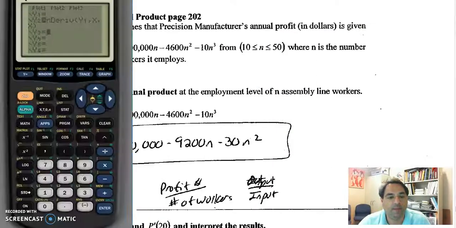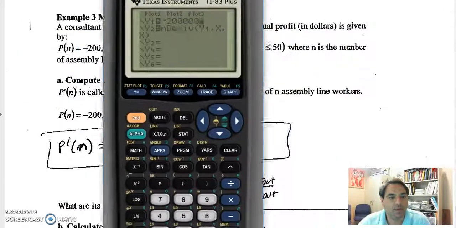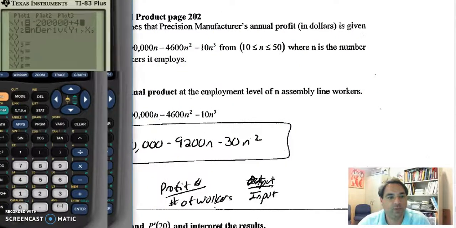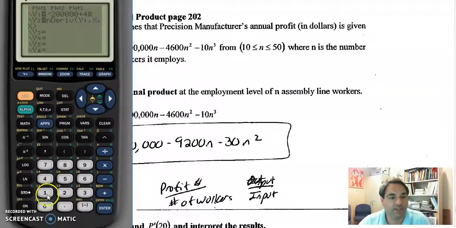And remember, in y1 we put the original, negative 200,000 plus 400,000 x minus 4,600 x squared minus 10 x raised to the 3.